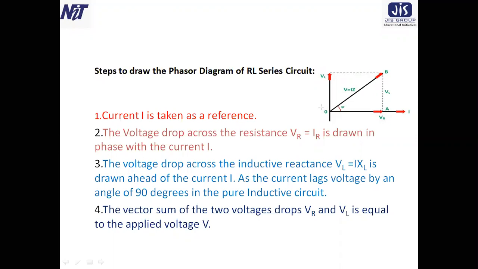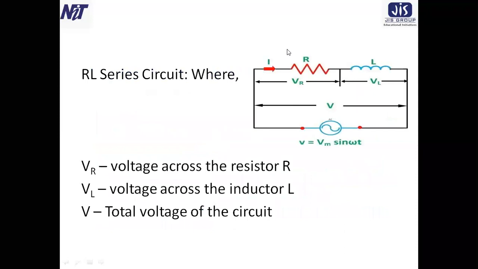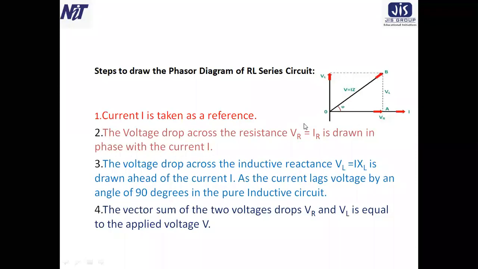So the voltage across the resistor VR equals IR, and both are in the same phase, along the x-axis, because for a resistance the voltage and current always lie in the same phase.